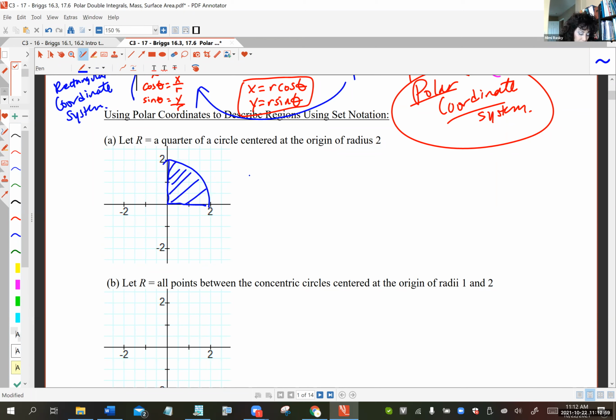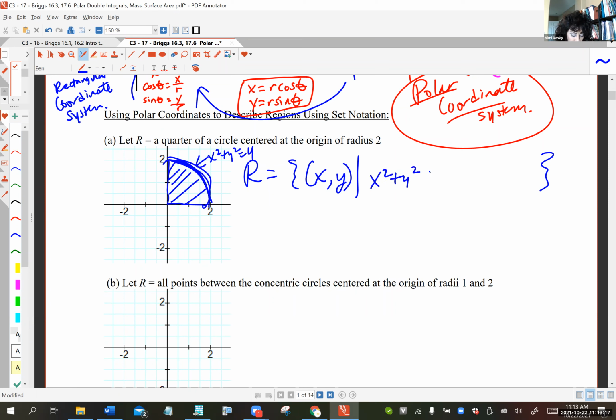Well, in the world of rectangular, you would describe this using set notation as all ordered pairs x, y such that, and this curve has the equation x squared plus y squared equals 4. You want x squared plus y squared less than or equal to 4, and then you also want x greater than 0 and y greater than 0 since we're in the first quadrant. And we're done. That would describe the set of all the points in this region.